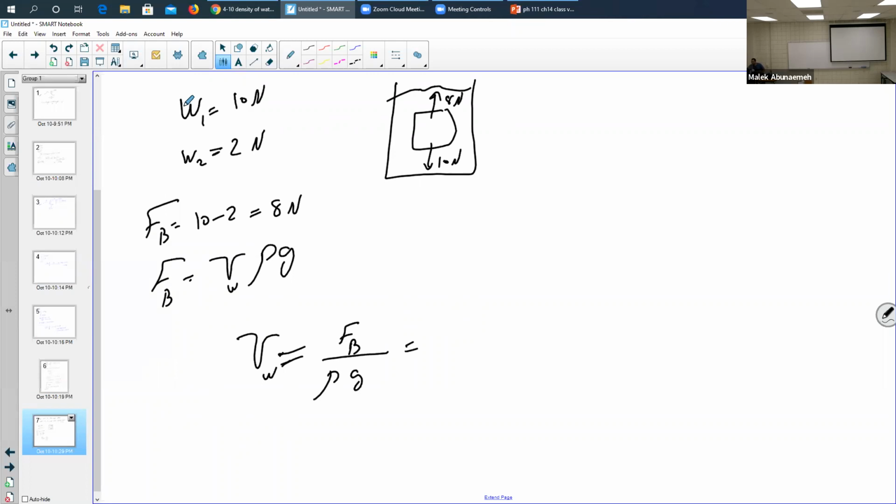Your buoyant force, the one we found, was 8 newtons divided by your density of the water, which was 1,000, multiplied by 9.8. So we should get 8.2 times 10 to the negative 4 meter cubed. Wonderful.